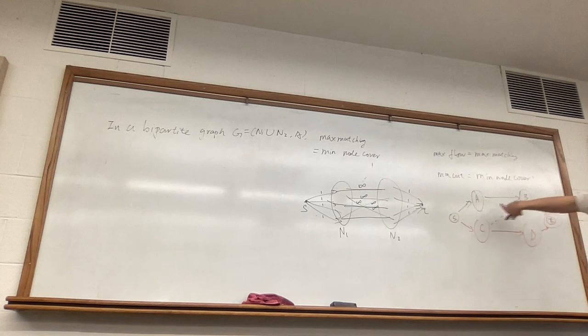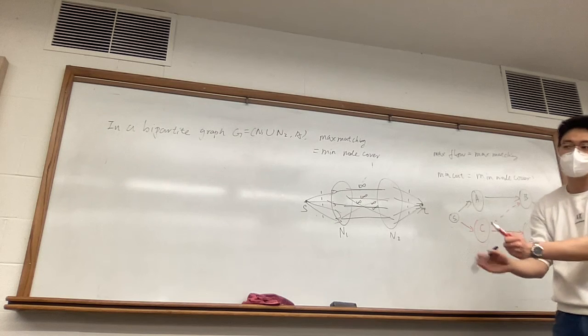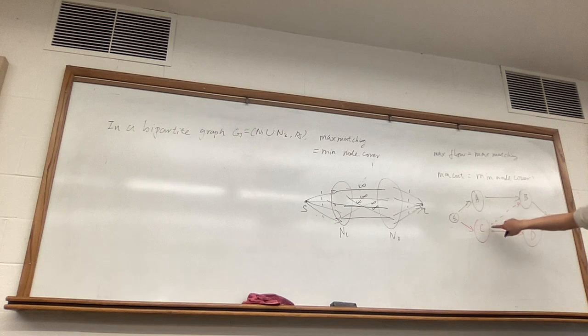Because this is the min cut, there should be no arc going from A to D. Otherwise the flow is not bounded from above, which is impossible. So there's no arc going from A to D, but just arcs going from C to B. This is possible. This is just like you have some arc going from the capital T to capital S. And we can also say that for all the arcs that go from C to B, they are empty, no flow on them.